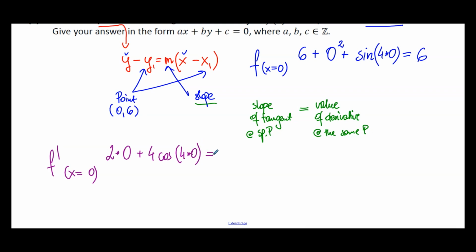We put that in the calculator, and what we get is 4. So that is the slope. Therefore, now I have all the elements, I can fill them in. y minus the y coordinate of the point, which is 6, equals m, the slope, which is 4, multiplied by the bracket x minus the x coordinate of the point, which is 0.